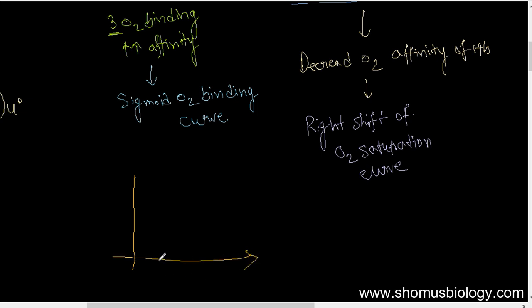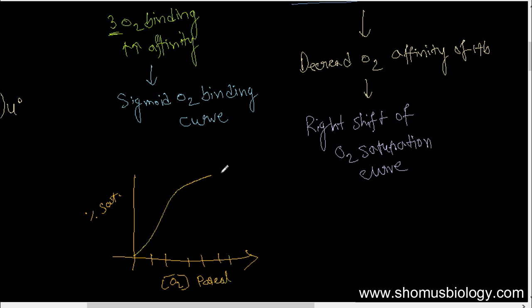This is the partial pressure of oxygen here, and this is the percentage of saturation, and partial pressure of oxygen in, let's say, torr or Pascal, any unit you can take, or mmHg, okay.